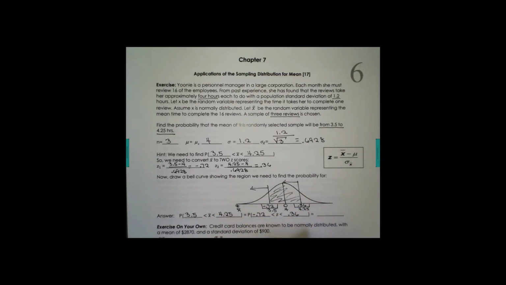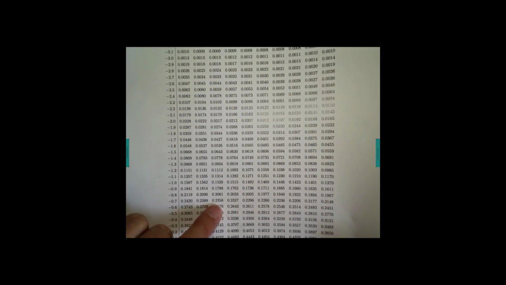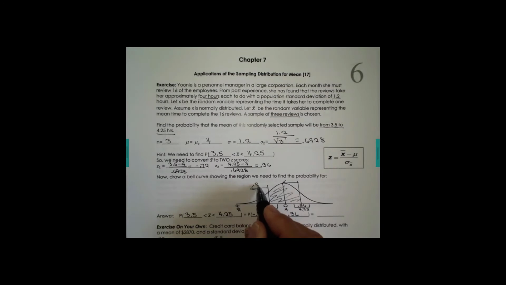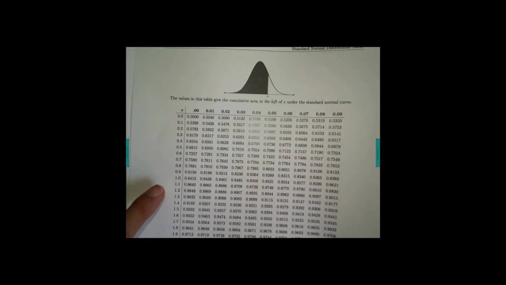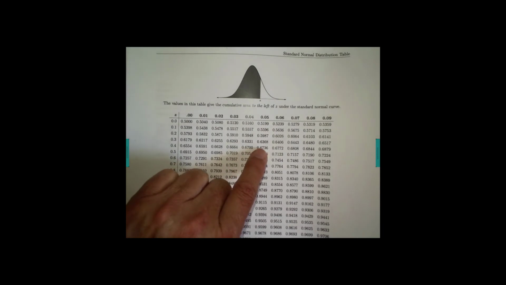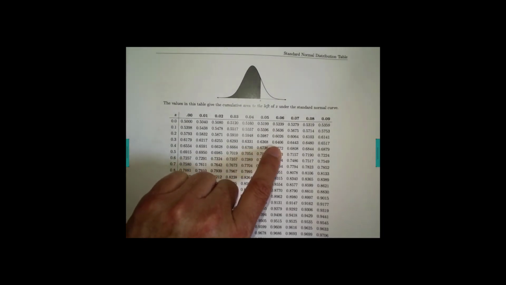Well, first we got to look up these 2 z-scores. Let's go to the negative side and look up negative 0.72, and we find it to be 0.2358. And let's go to the positive side and look up 0.36. 0.36 looks like 0.6406.